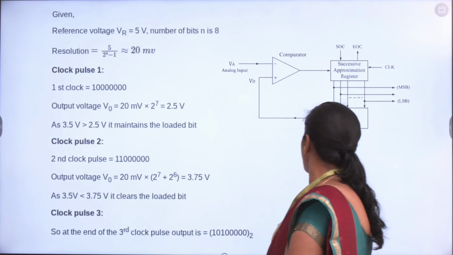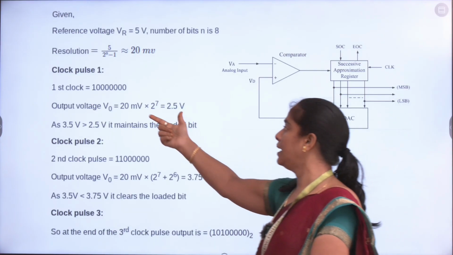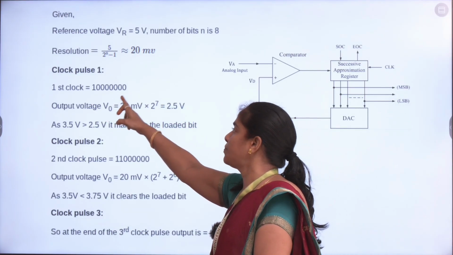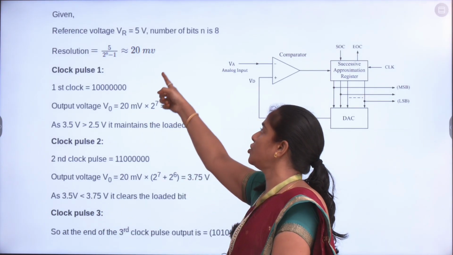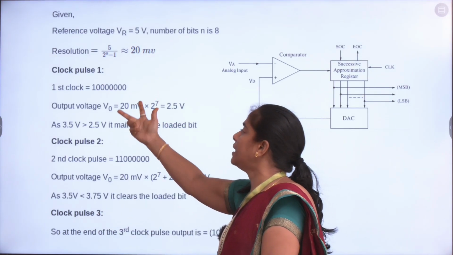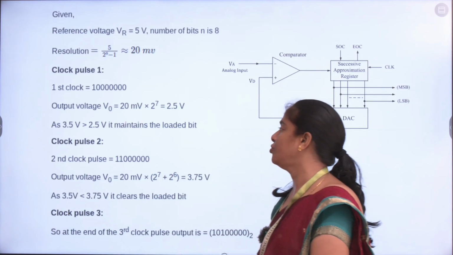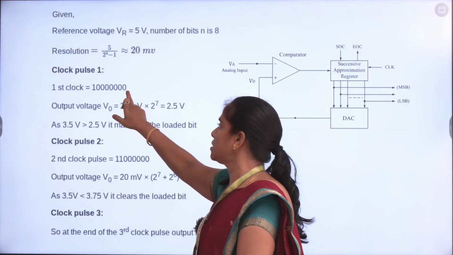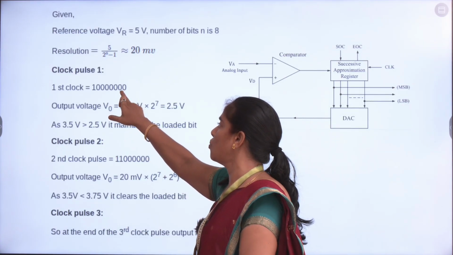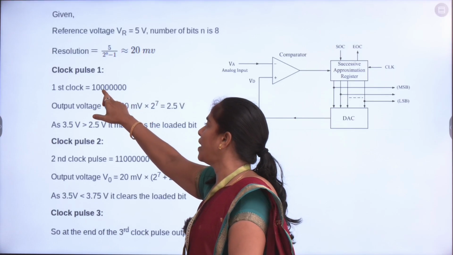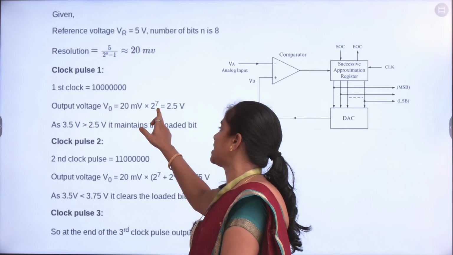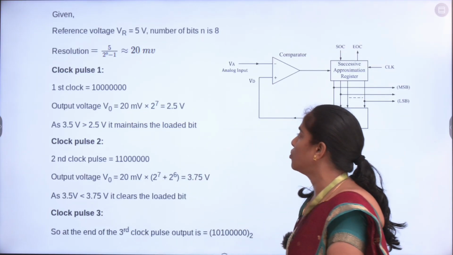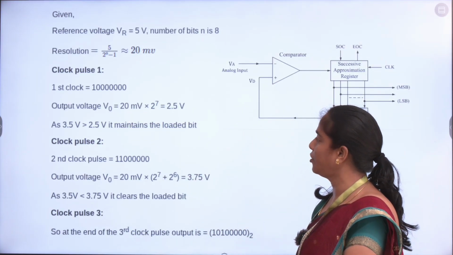So what is the analog voltage corresponding to this particular digital pattern? It is equal to the resolution, 20 millivolts, multiplied by the decimal equivalent of the binary pattern. If this position is 2 power 0, 1, 2, 3, 4, 5, 6, this represents 2 power 7. So 2 power 7 multiplied by 20 millivolts is going to give you 2.5 volts.